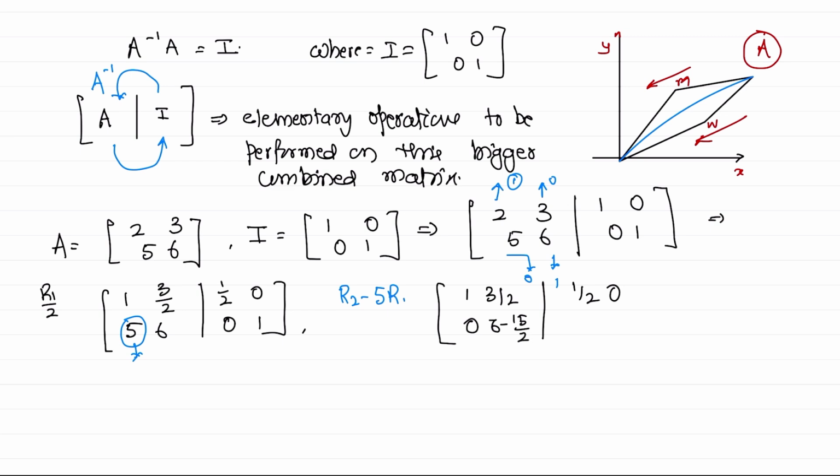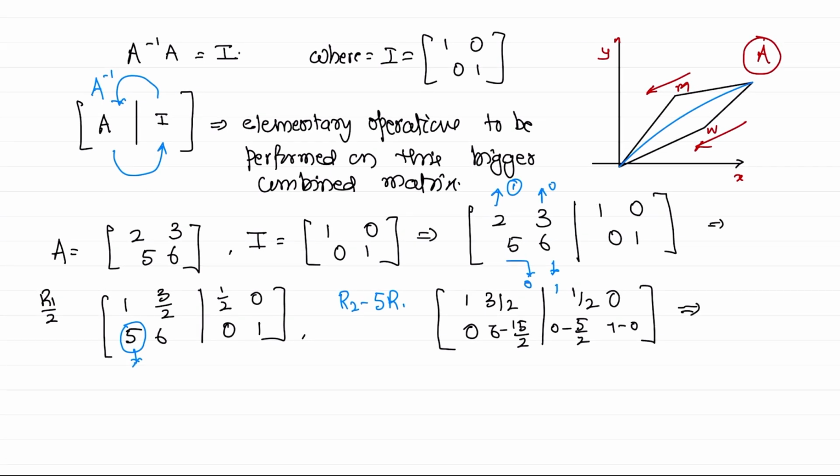On the right hand side, 0 minus 5 times 1 by 2, then 1 minus 0, because whatever elementary operation we do, that operation will be done on both the matrices. Then simply we can write it as 1, 3 by 2, 1 by 2, 0, and 0, minus 3 by 2, minus 5 by 2, and 1. Now, next what we have to do?